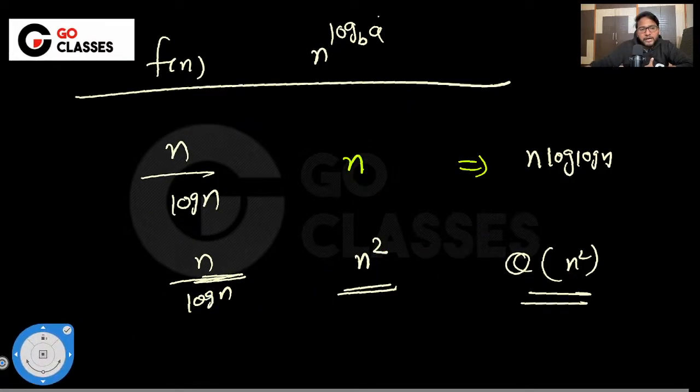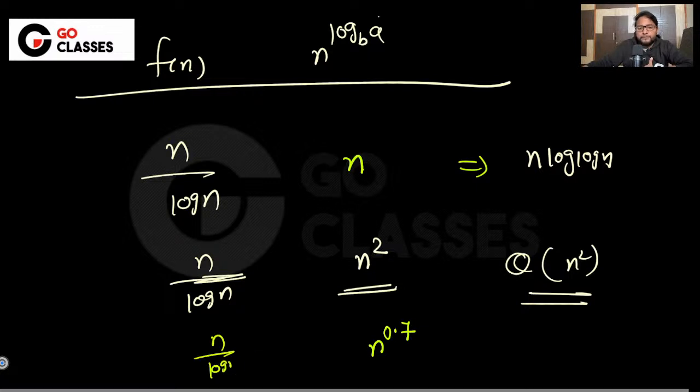Let's just take this as n to the power 0.7, and this is n upon log n. So what do you think? Is this polynomially greater? Yes, right? See, n upon log n and n to the power 0.7, which one is polynomially greater?